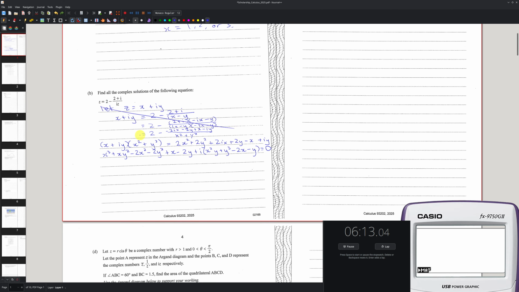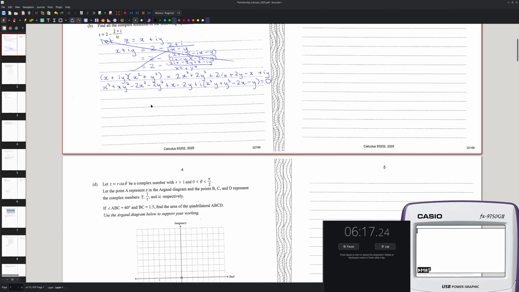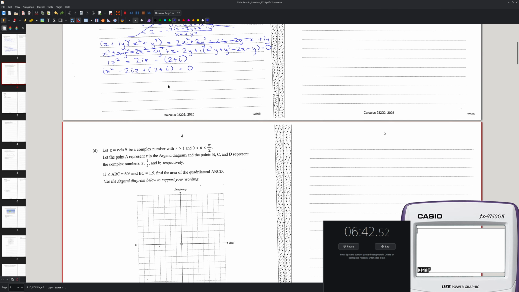So if we just expand it normally, what do we get? We get iz squared equals 2iz minus 2 plus i. And then iz squared minus 2iz plus 2 plus i equals 0. And then we just do the quadratic. This is not tough, man.